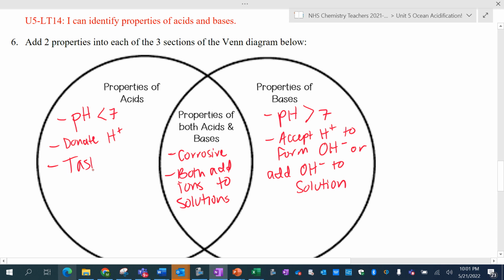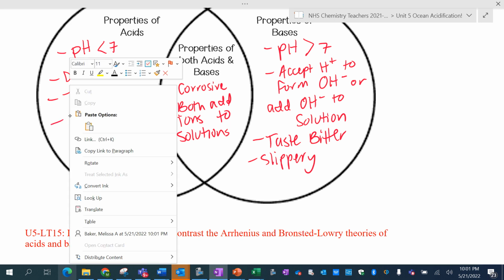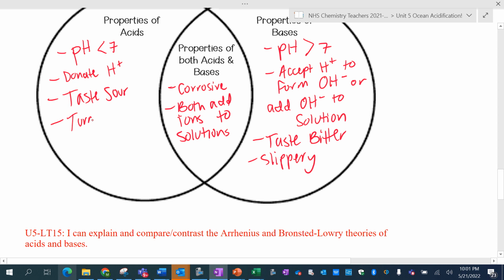Acids taste sour. Bases taste bitter. Bases are slippery. What else? Acids turn universal indicator warm colors like red, orange, yellow, while bases turn universal indicator cool colors like blue and purple.